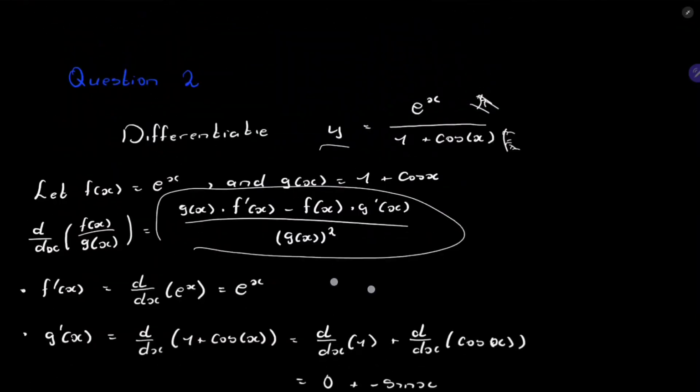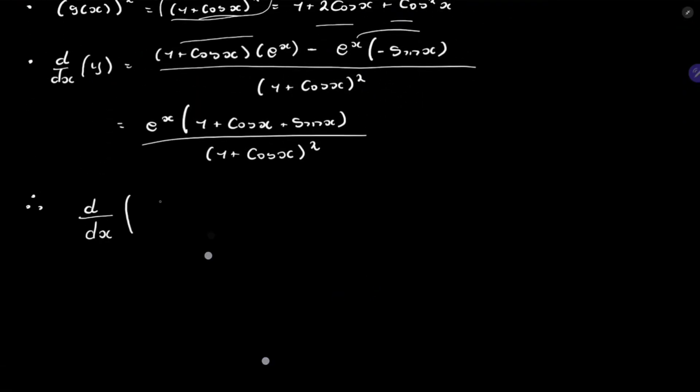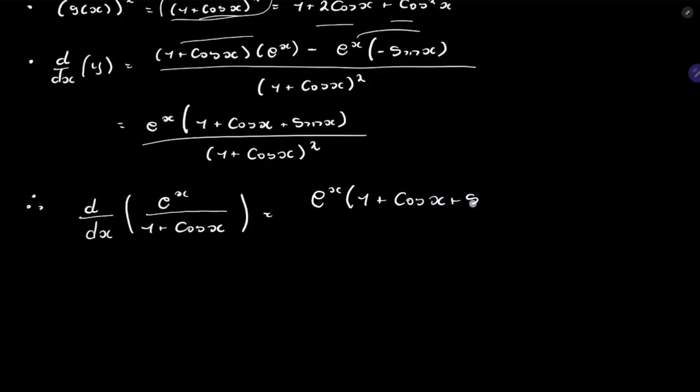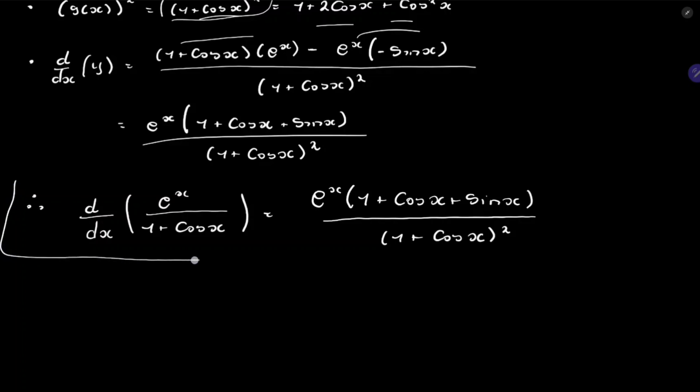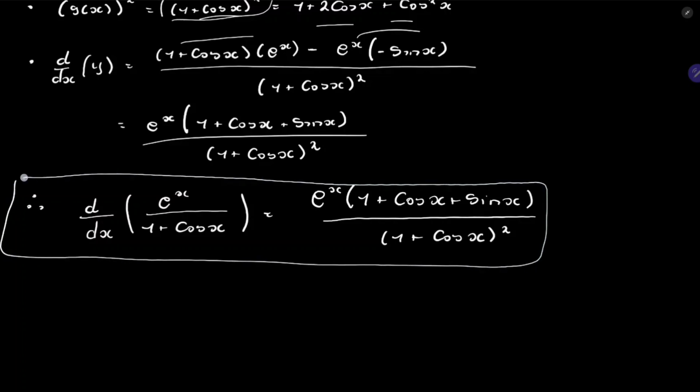E to the x on 1 plus cos x is e to the x times 1 plus cos x plus sine x, divided by 1 plus cos x, all that squared. We encase, or box, our answer.